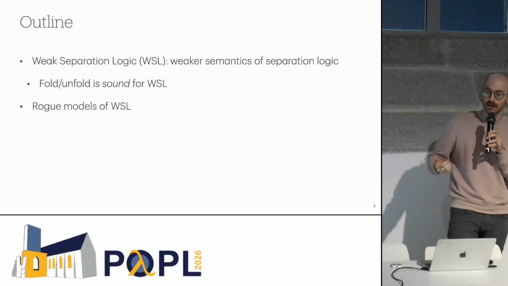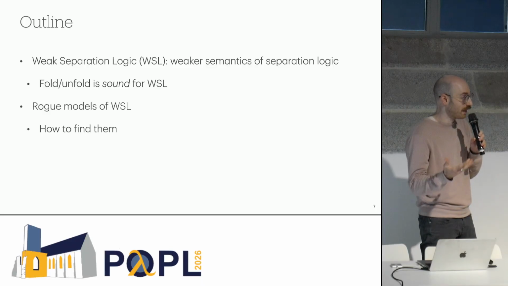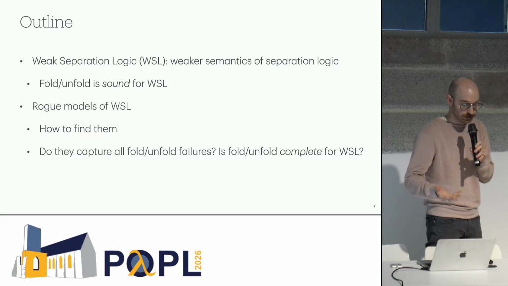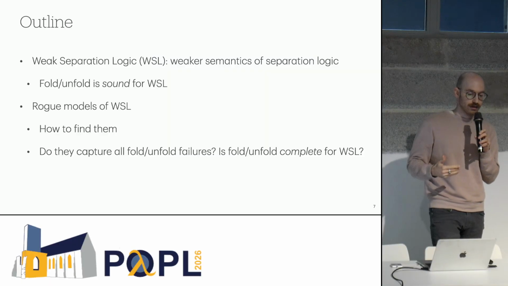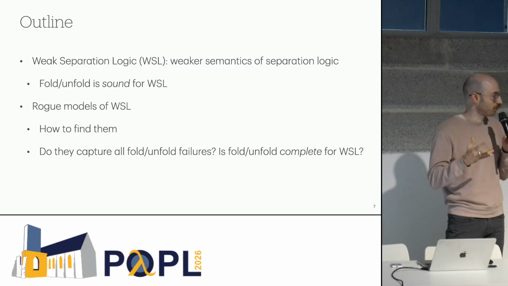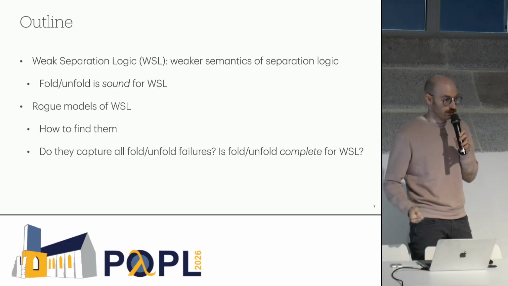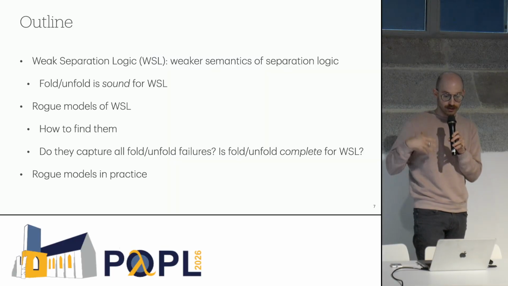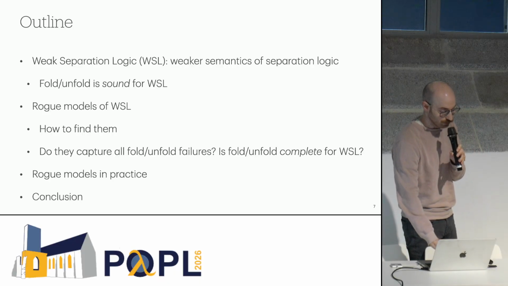Then I'm going to talk a little bit about rogue models of weak separation logic, how to find them automatically, and also answer this question: do all the failures of proving something with fold and unfold get captured by these models of weak separation logic? In other words, is fold and unfold complete for weak separation logic? Then I'm going to talk a little bit about the practicality of those rogue models and then conclude.